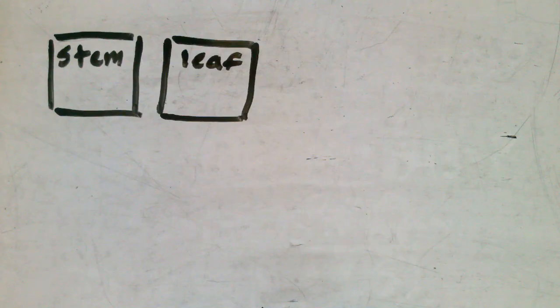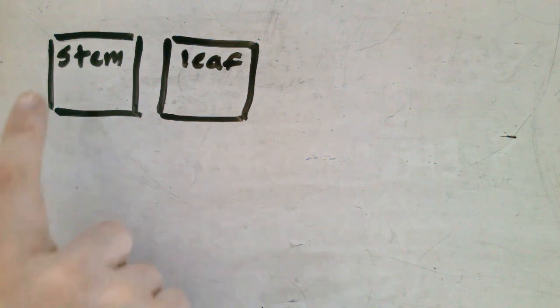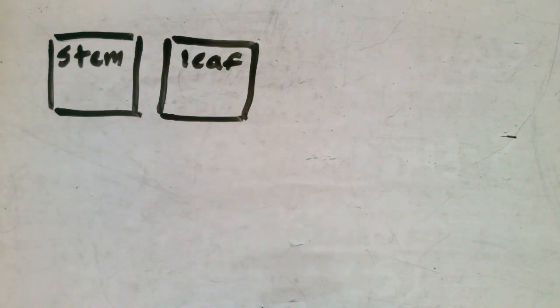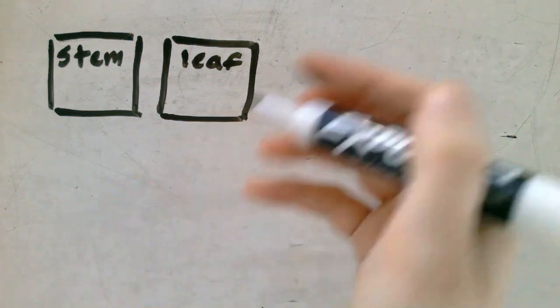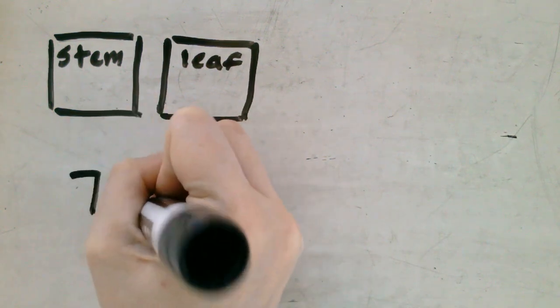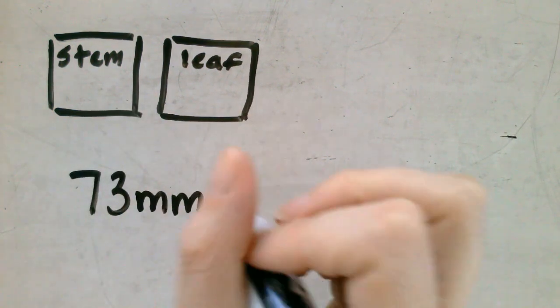Now, mathematicians, that we've converted our measurements from centimeters to millimeters, we're going to need to grab our 2 sticky notes. On the top of your sticky notes, label 1 stem and 1 leaf. Now that we have these labeled, this is the specific graph we're going to look at today. On your stem sticky note, you're going to write the number of the tens digit of your index finger measurement in millimeters. So, for example, my measurement was 73 millimeters when I converted it.